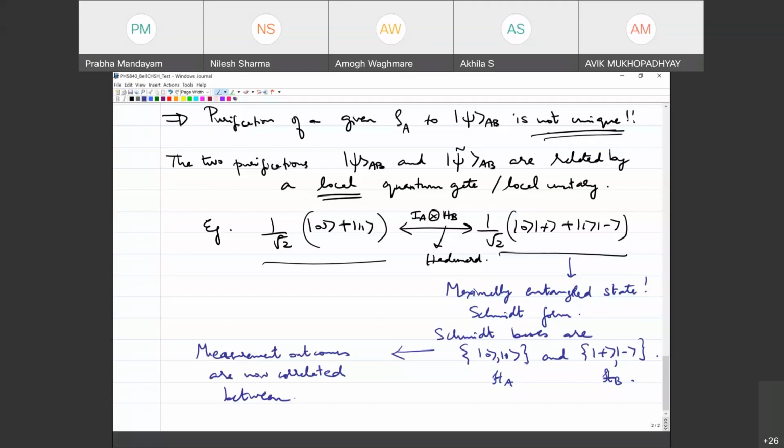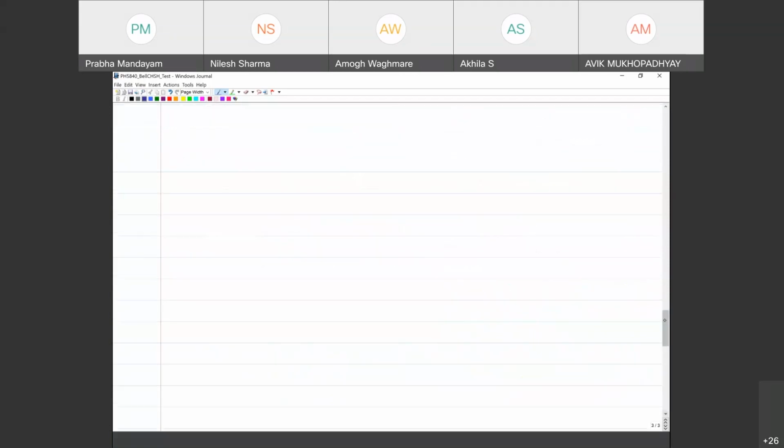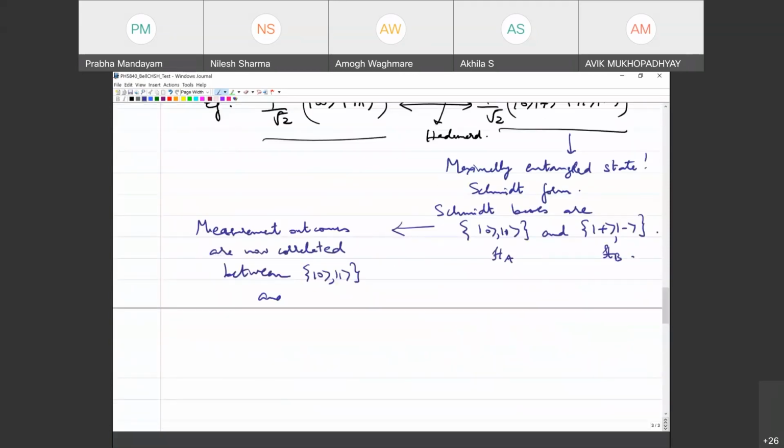So if you do a measurement in the 0, 1 basis on system A and in the plus, minus basis on system B, these measurement outcomes are correlated. The correlation is manifest in these two bases, the 0, 1 and the plus, minus basis.